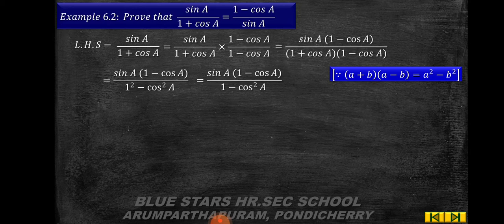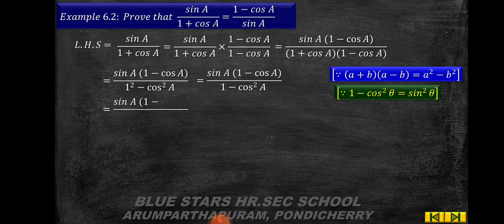Now in the denominator we see the trigonometric identity, 1 minus cos square A is nothing but sin square A. That is the trigonometric identity 1 minus cos square theta is equal to sin square theta.